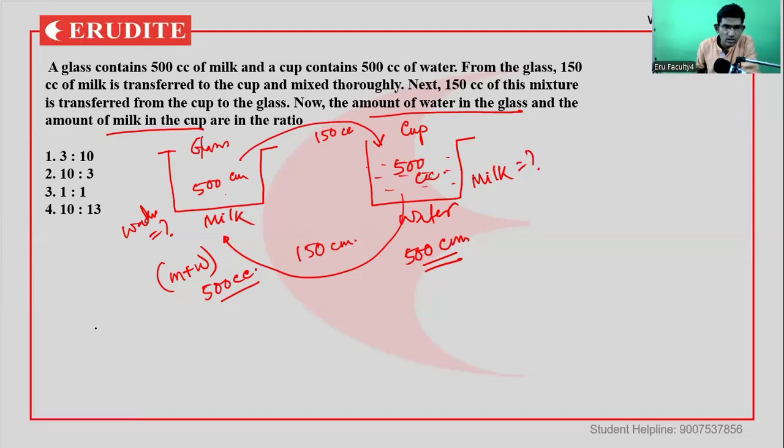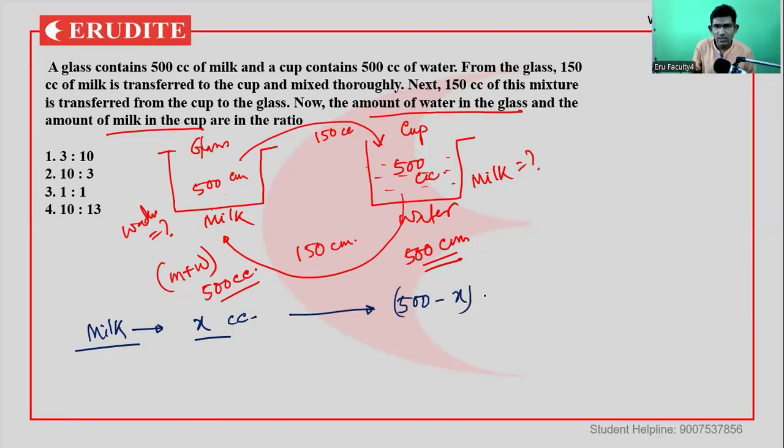So first, this is the milk. Now think logically. Let's take after this intermixing, in the glass there is excess of milk. So what will happen? What is remaining? That means in the cup there will be remaining 500 minus excess of milk.